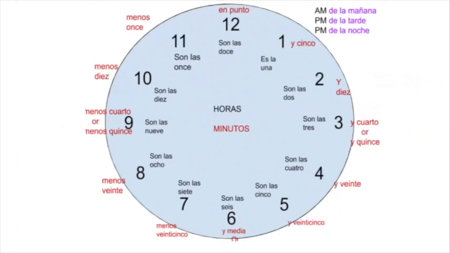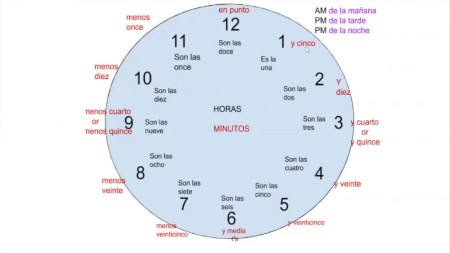Y finalmente, aquí es algo que puede ayudarte tal vez. So here's something that maybe can help you. So, las horas, okay, en el color negro. Es la una, son las dos, son las tres. It's 1 o'clock, it's 2 o'clock, it's 3 o'clock. En rojo y a la derecha, los minutos.